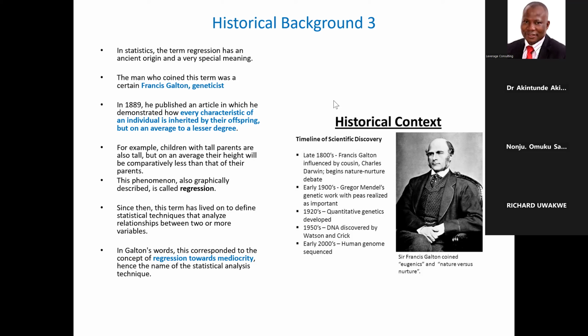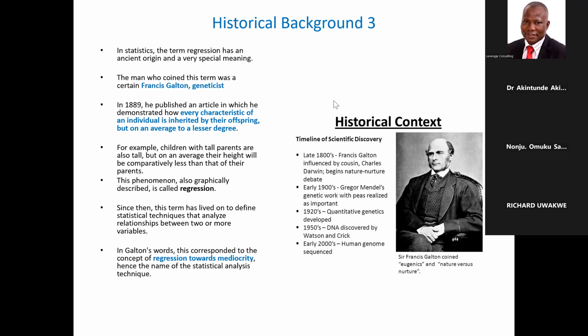For example, children with tall parents are also tall, but on the average, their height will be comparatively less than that of their parents. The same thing, children with short parents will be short, but their average height will be higher than that of their parents. This phenomenon, also graphically described, is called regression.